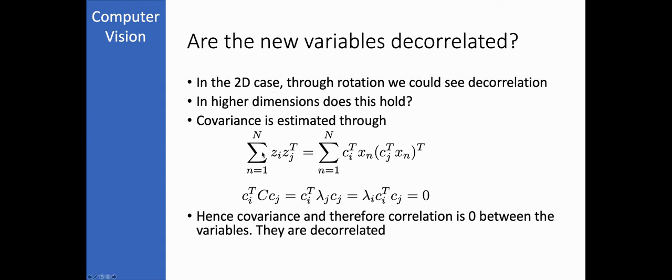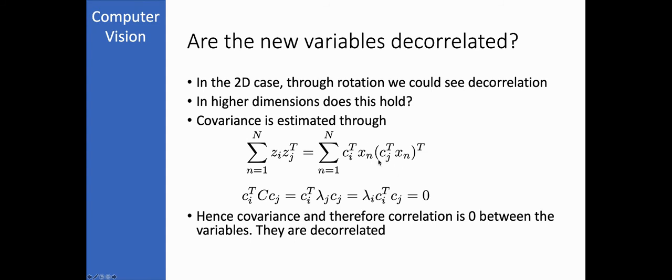For the new variables, which I will call Zi and Zj, the sample covariance between these variables can be computed like this. Replacing Zi and Zj with the principal components and the data samples, this becomes Ci projected xn times Cj projected xn.